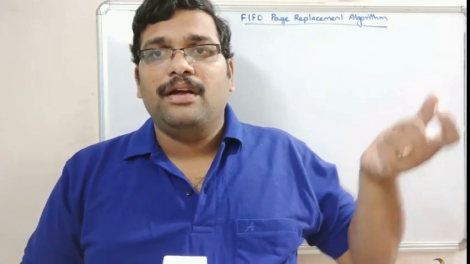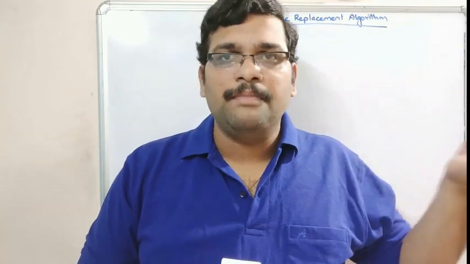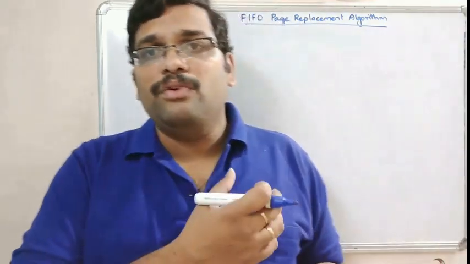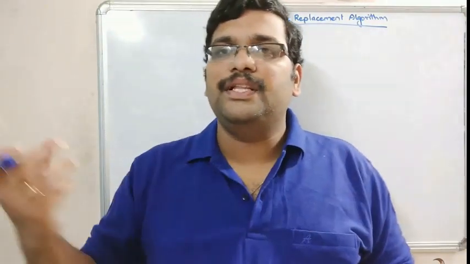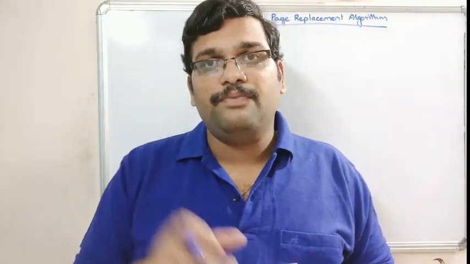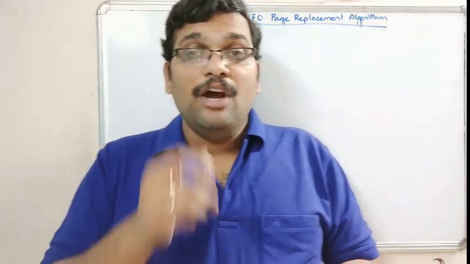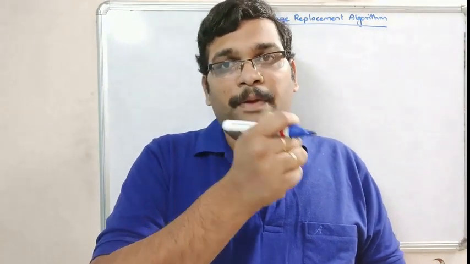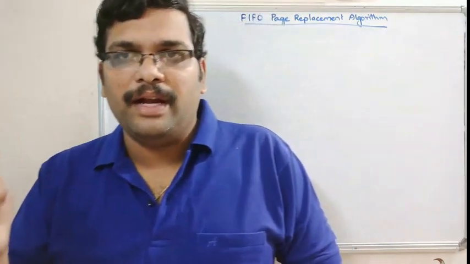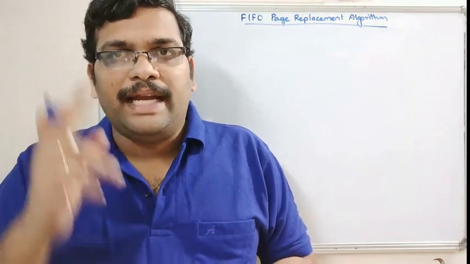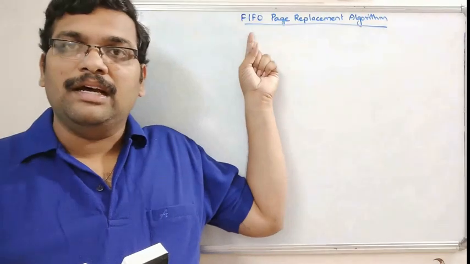If all the frames are filled with some other pages, we have to replace an existing page with the required page. For that we will use these page replacement algorithms. So the question is, which page of the main memory should be replaced with the required page? That depends upon the algorithm.